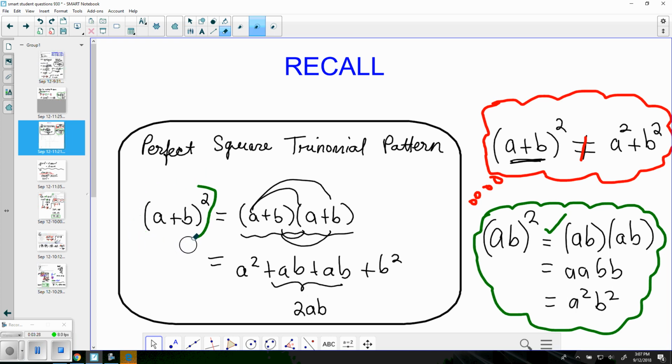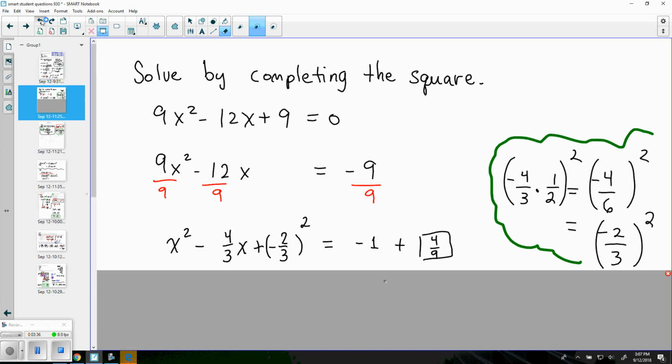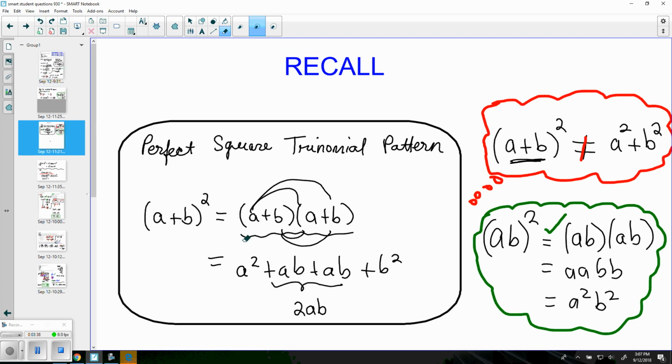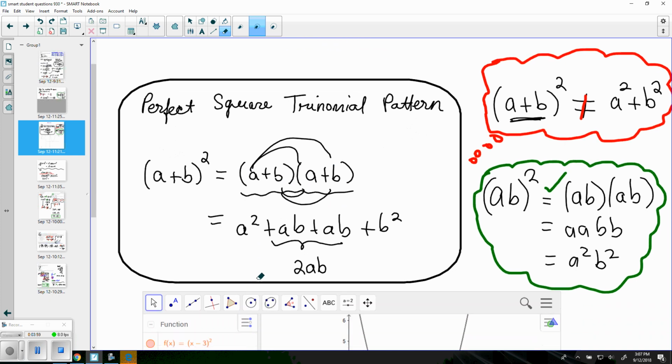Okay, so knowing that, if we think about what happens when you square a binomial, then you can understand what happens to the middle term when you expand the quantity a plus b multiplied by itself, the entire quantity again, and we do the FOIL, or we're distributing a times a, a times b, and then b times a, b times b, and the middle term is a double of the product of a times b.